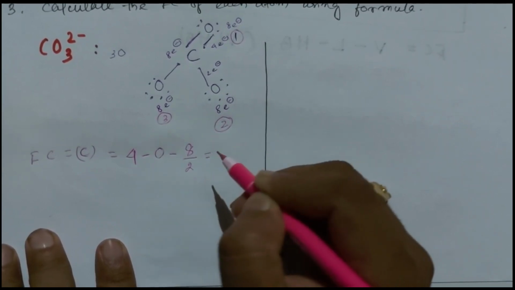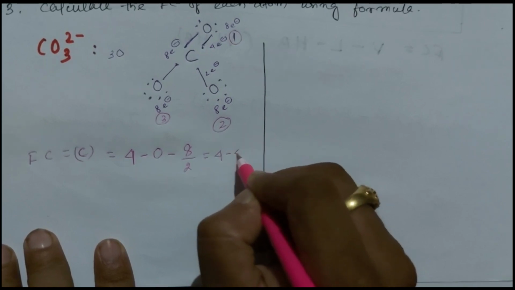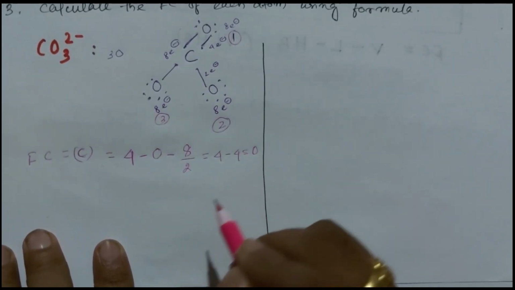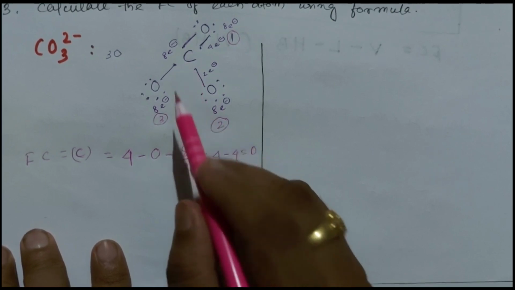That is 4 minus 4, equal to 0. So the formal charge on carbon is 0.